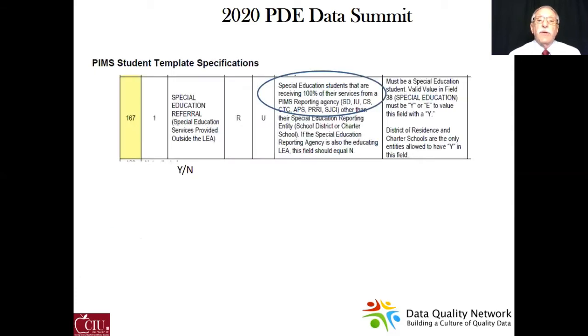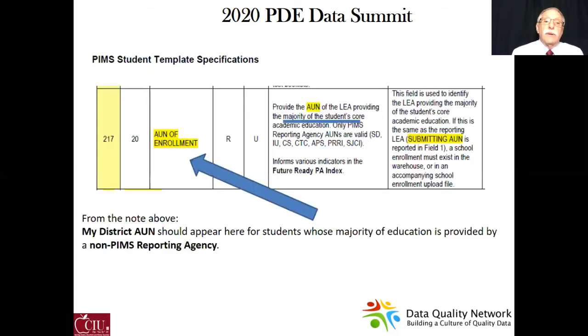Special education referral: whenever you have a special education student that receives 100% of their service from a PIMS reporting entity like an IU, that's going to be a Y. And this is going to be one of our situations, because we're going to have a child that's at a private facility educated by the local IU. And then 217, the AUN of enrollment, is the AUN of the LEA that provides the majority of the student's academic education.